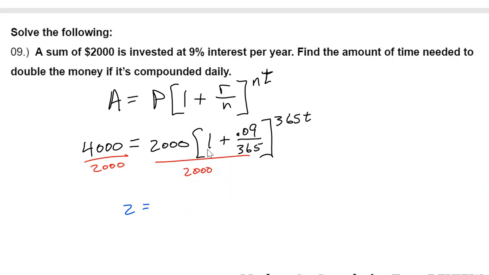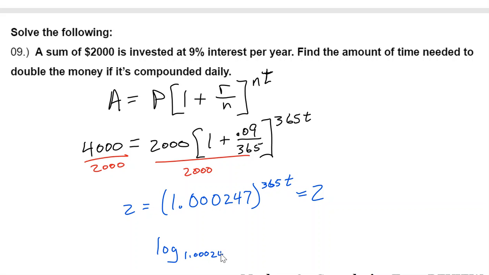All right, so if I combine 1 plus 0.09 over 365, it's going to look like this. And I'm going to put the 2 over there because now I'm going to rewrite this in logarithm form. That's going to be the base, and that's going to be the number there. And then 365t is going to go over there.